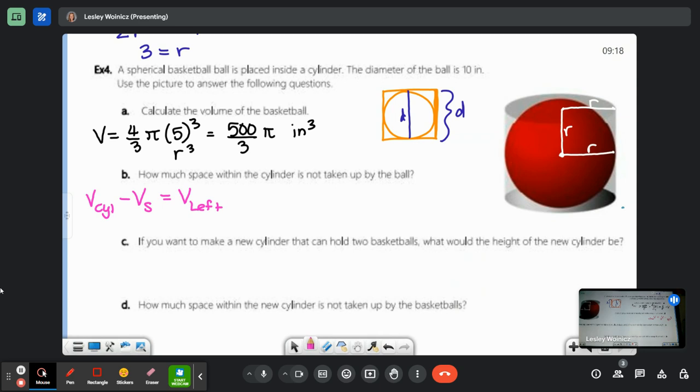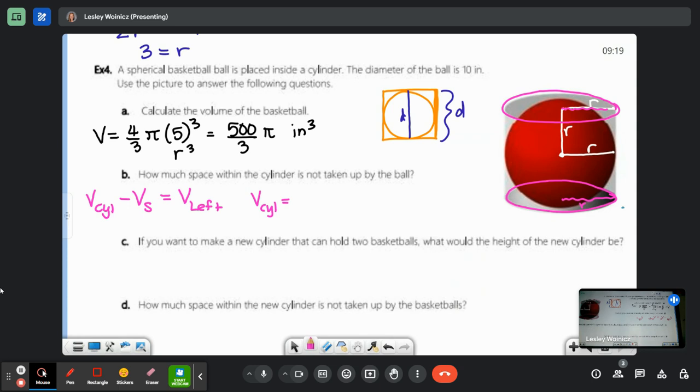Okay, so let's find the volume of the cylinder. We're going to start with the area of the base. They have the same radius, right? We said that this radius would also be for the circle that's here and down here. They're all the same radius everywhere.